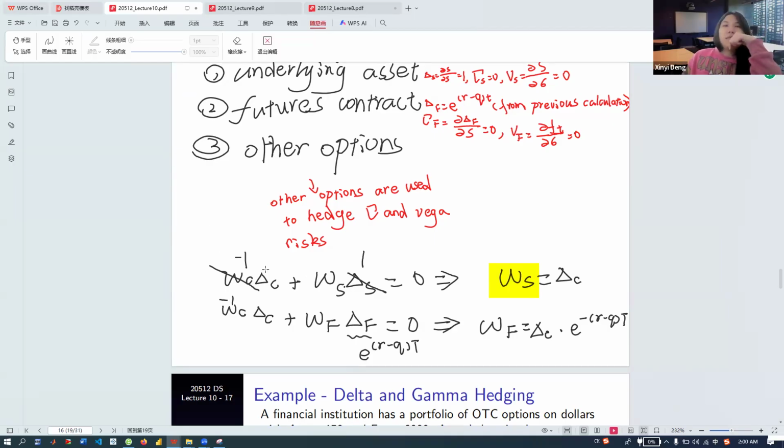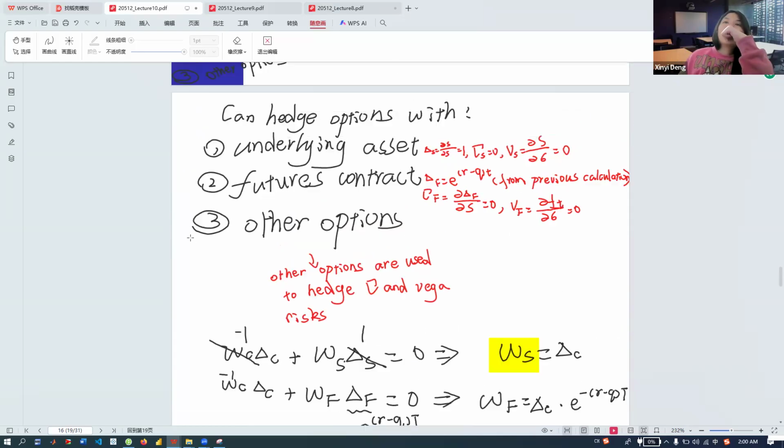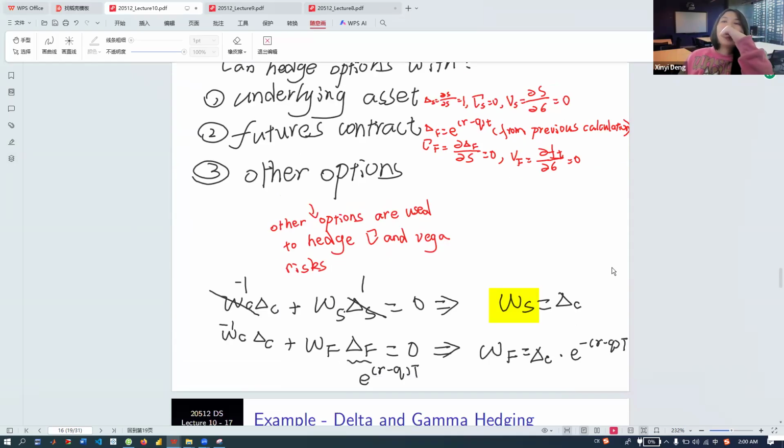Here we just assume that we short one call, therefore WC is equal to -1. Then we already know that delta S is equal to 1, right? Therefore, in the scenario where we only short one call, we can easily derive that WS is equal to delta C, that's the delta for the call option.